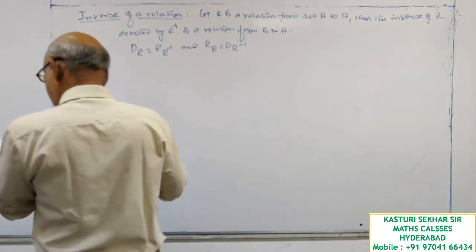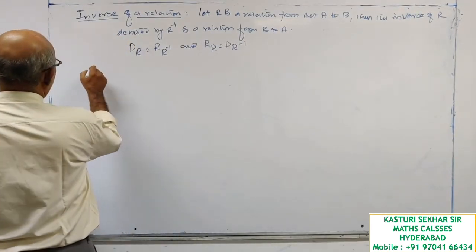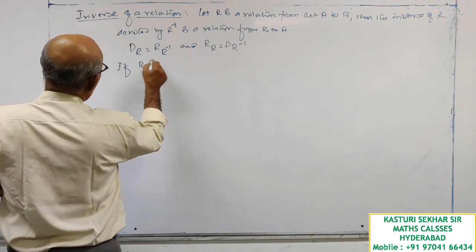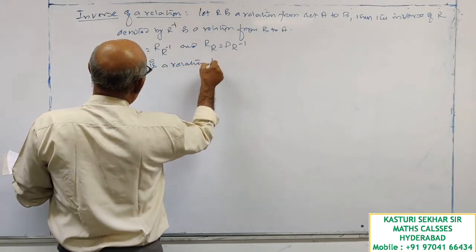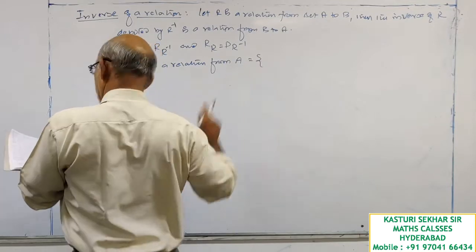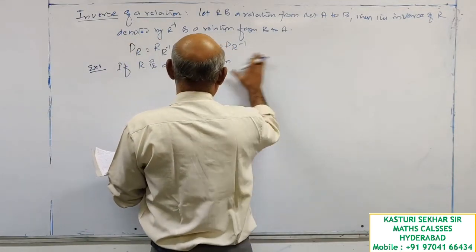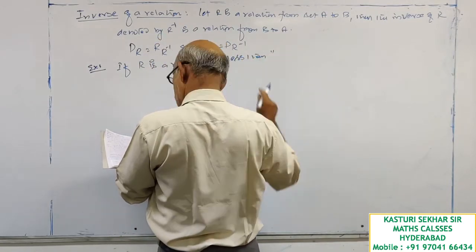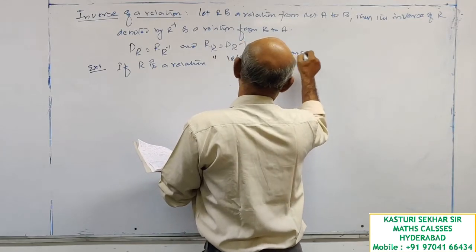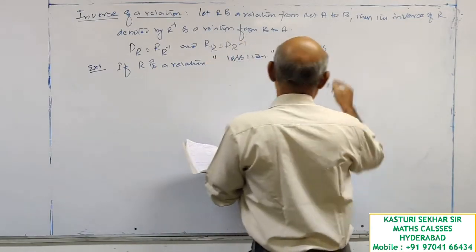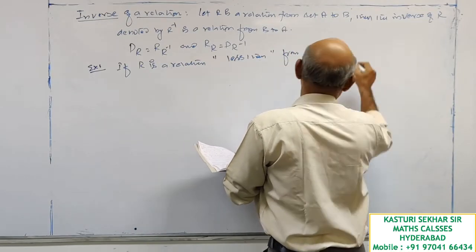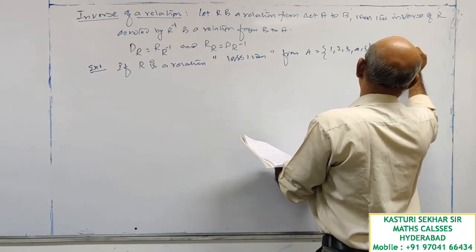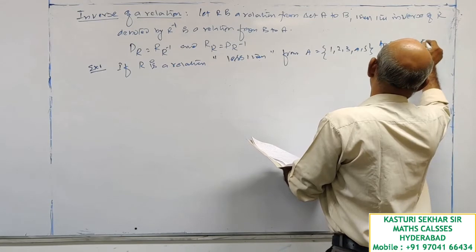Let us see a problem on this. If R is a relation from A is equal to {1, 2, 3, 4, 5} to B is equal to {3, 5, 7}, defined as less than.